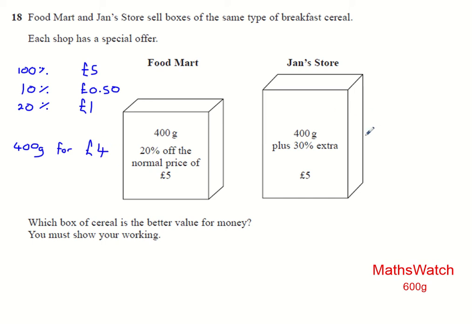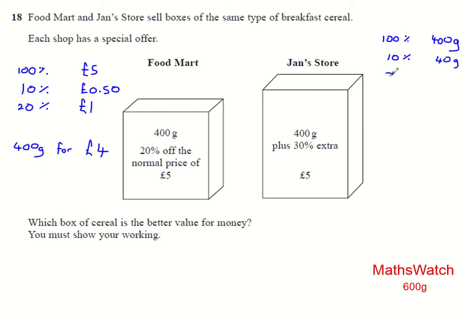Over at Jan Store, we're getting 400 grams plus an extra 30%. So 100% is 400 grams. Following the same method, finding 10% means you are dividing by 10. So 400 divided by 10 is 40 grams.